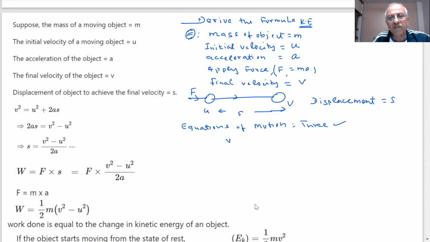So we studied v square is equal to u square plus 2as, where s is the displacement, v is the final velocity, u is the initial velocity. Or in other words, v square minus u square is equal to 2as. Or v square minus u square by 2a is equal to the displacement.